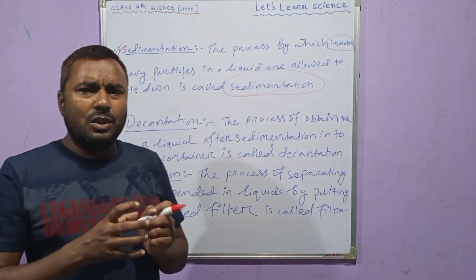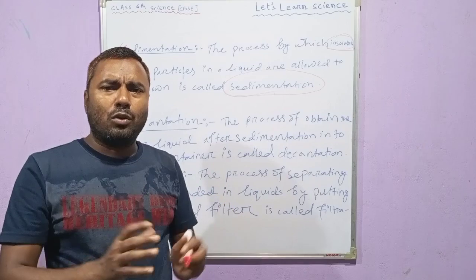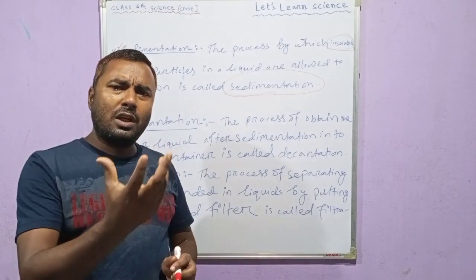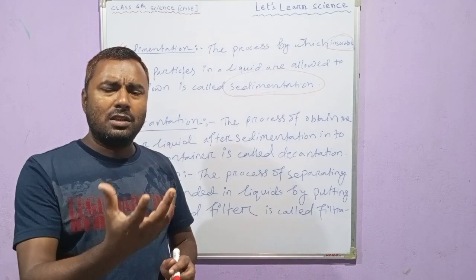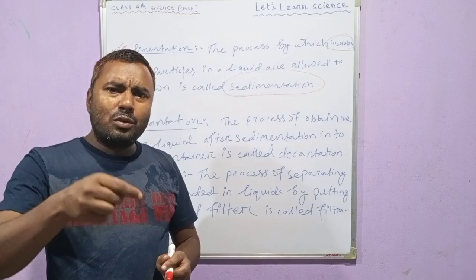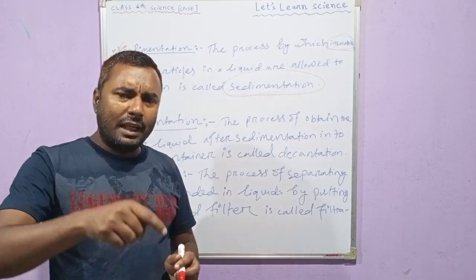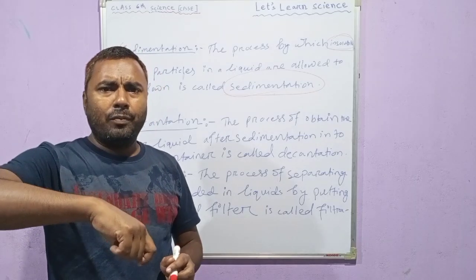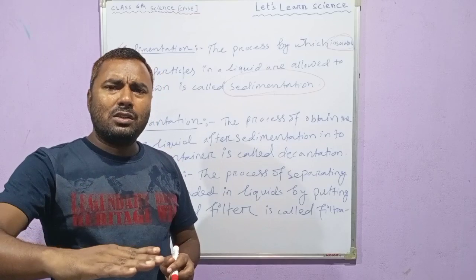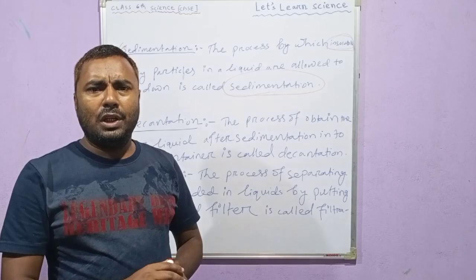You can do this practical at your home. This is a very easy one. Take a glass and fill it with more than half glass of water, and mix 1 spoon of sand in it and stir it properly. After that, keep the glass without any disturbance for 10 to 15 minutes.